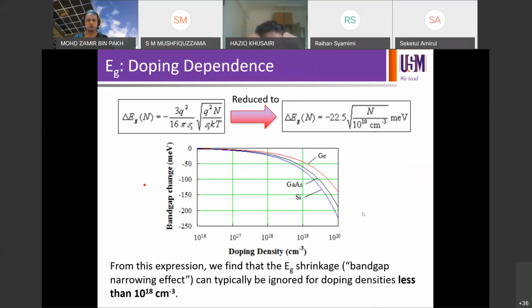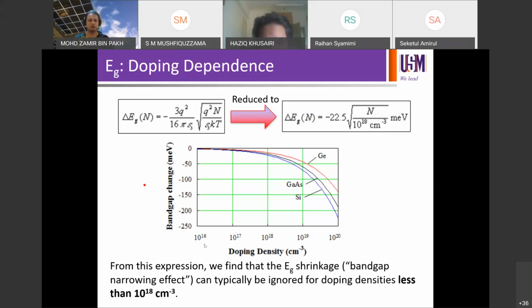On the other hand, if you talk about doping dependence, if you talk about more and more doping, for example, you increase your doping from 10^16, so you start off with 10^16, to 10^17, 18, 19, and 20. You can see the band gap also changes accordingly, but it just doesn't show up until 10^18.